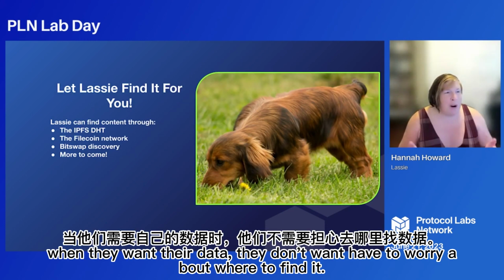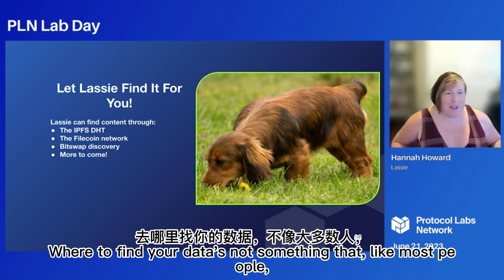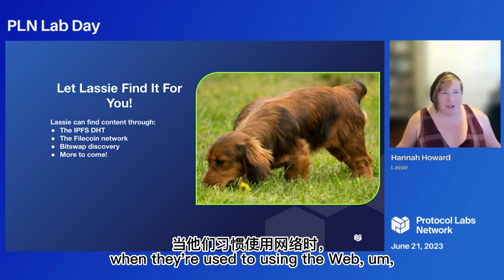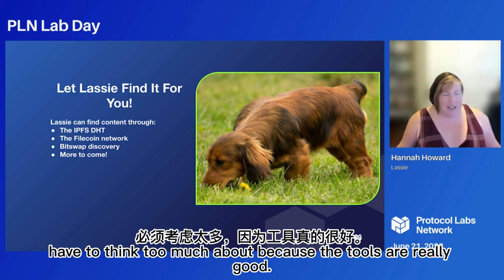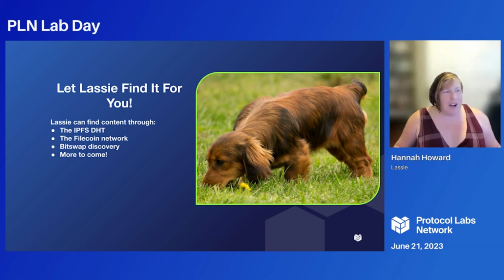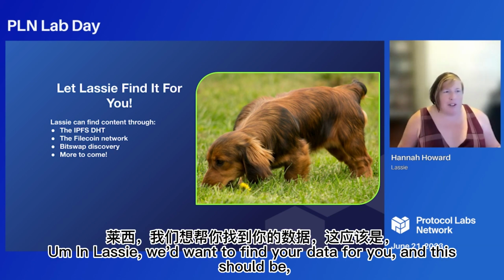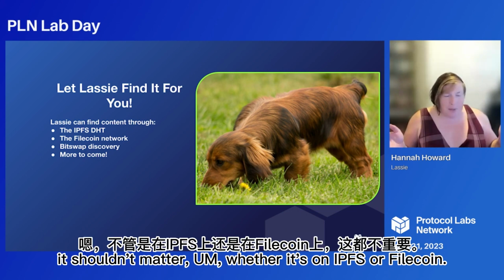The other part about this is that most people, when they want their data, don't want to have to worry about where to find it. Where to find your data is not something most people, when they're used to using the web, have to think too much about, because the tools are really good. In Lassie, we want to find your data for you, and it shouldn't matter whether it's on IPFS or Filecoin.